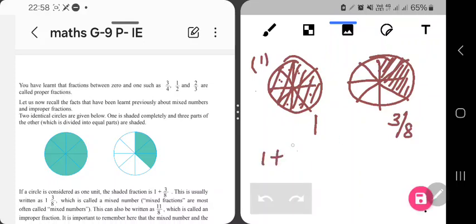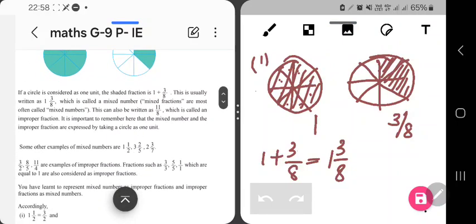So if we add those up, we normally indicate this in this way, and this method of writing is called a mixed number, right? You can also write it as an improper fraction, in the sense that the numerator becomes a higher value than the denominator.